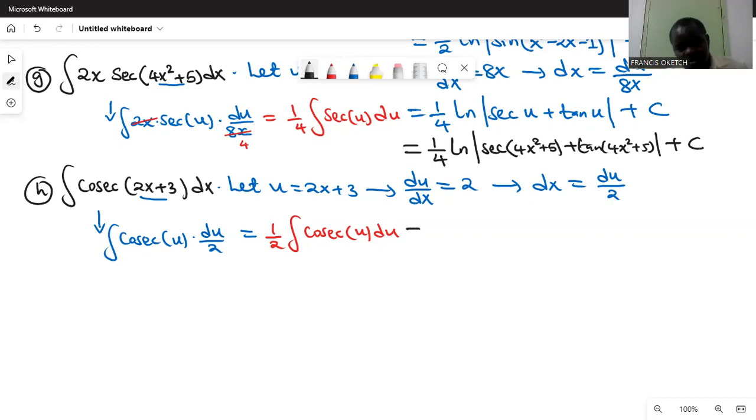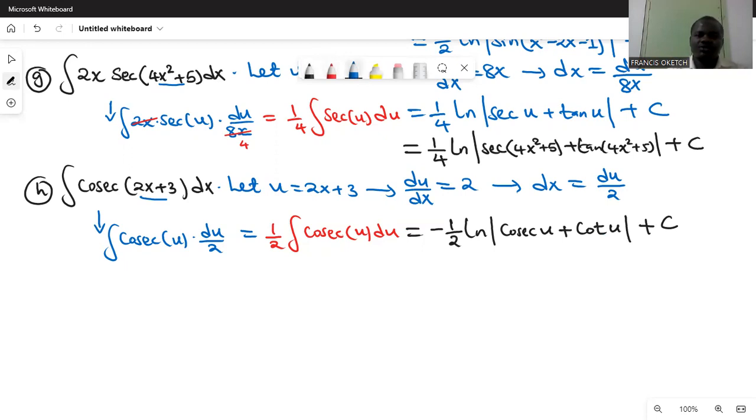So this is equal to negative 1 over 2 ln of cosec u plus cot u, and then plus a constant c of integration.